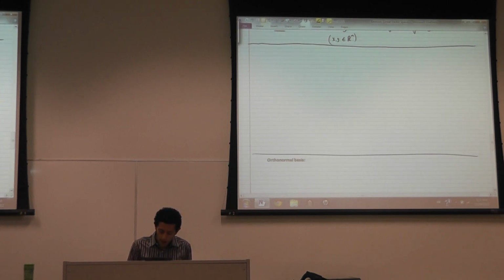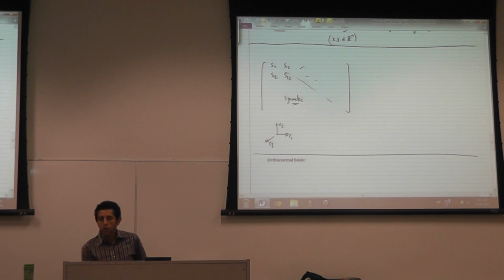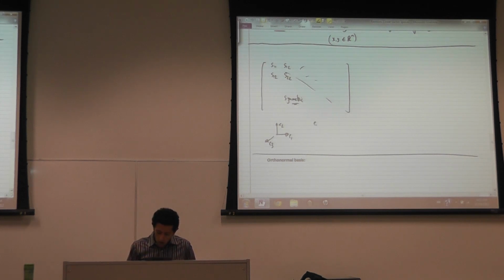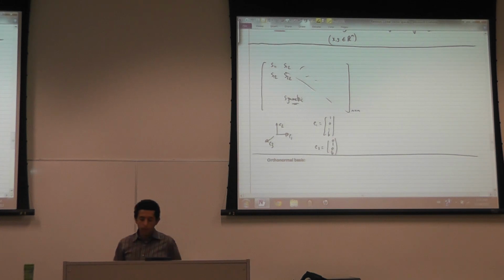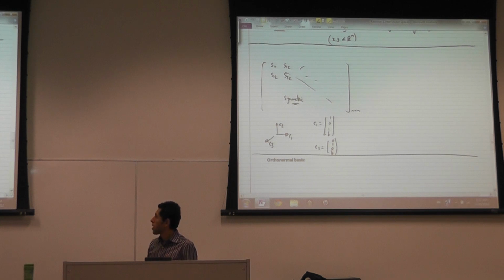For example, which we'll cover again at the end of the lecture today, if you have any symmetric matrix, S11, S12, and this is S12, S22, and so on, so this is symmetric, because I'm using a certain basis set, so E1, let's say this is n by n, E1 is equal to 1, zeros, E2 is equal to 0, 1, zeros.